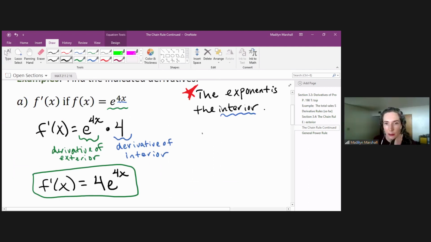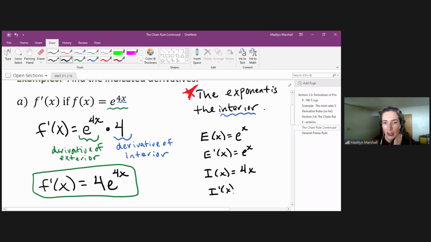So like on this one, saying that E for exterior would be e to the x, and E prime is itself. I in this case is 4x, and I prime is 4.